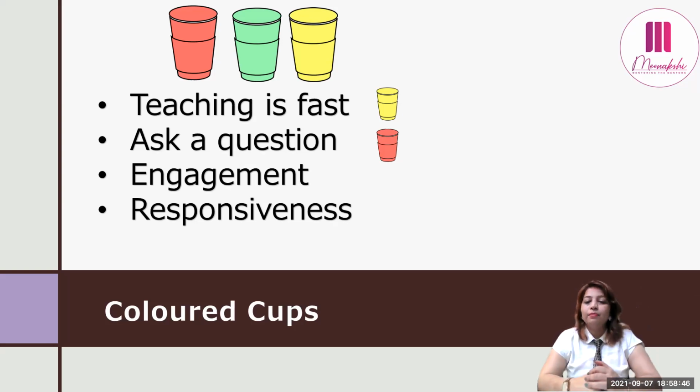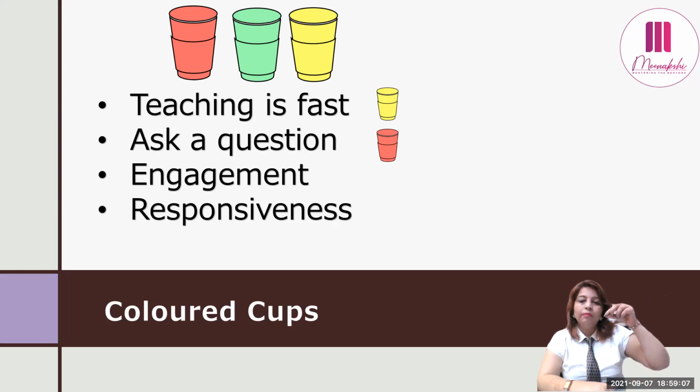Now here it comes: if a child raises a red cup, it means the child wants to ask a question. The teacher can randomly pick any child, using pebble pot praise. That is another teaching strategy.